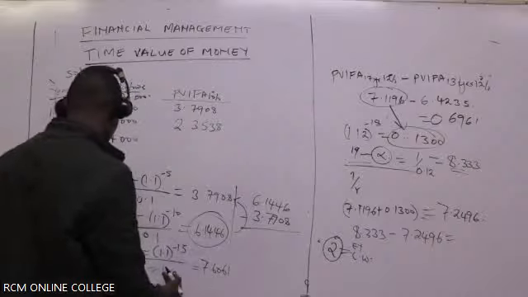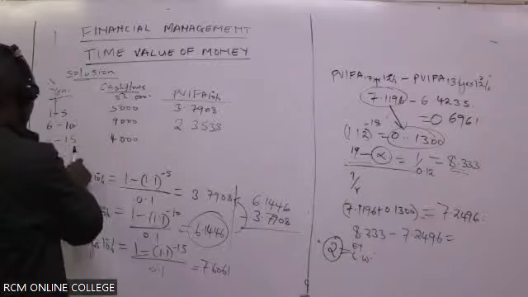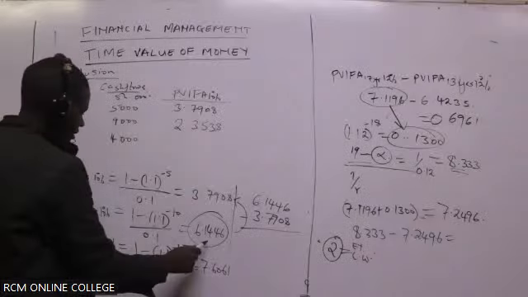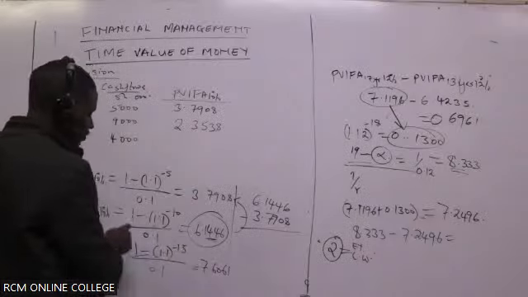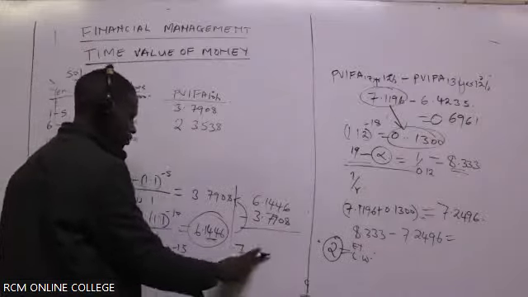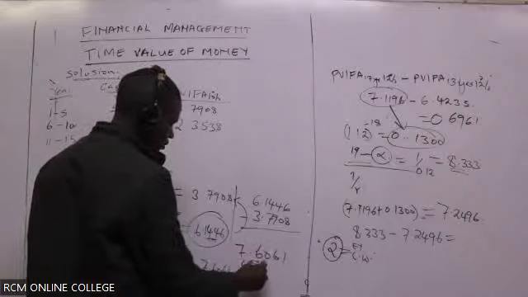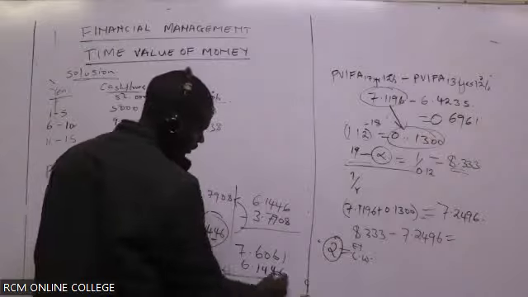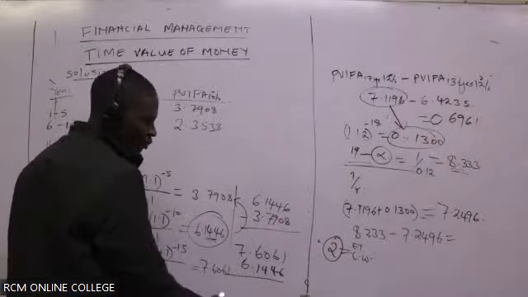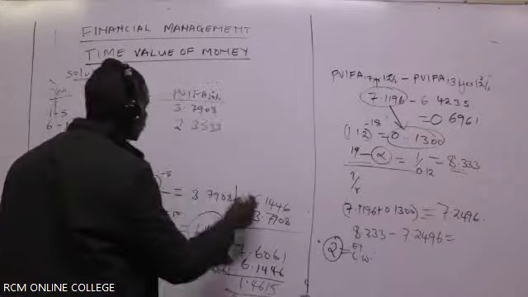I want 11 to 15, so I subtract that of 10 years, which is 6.1446. So 7.6061 minus 6.1446 gives me 1.4615.